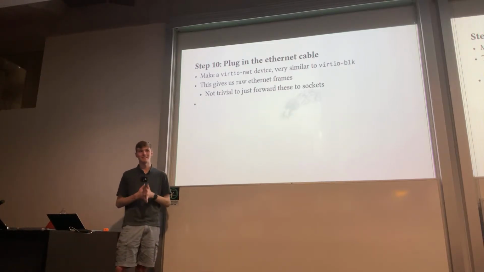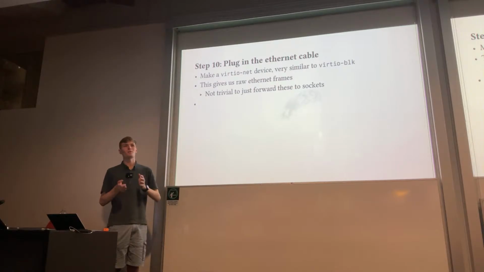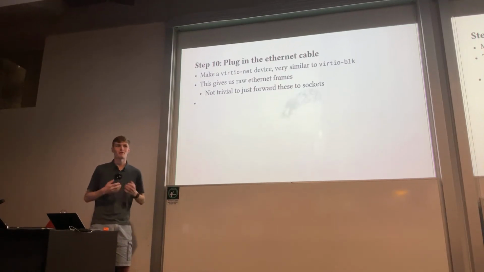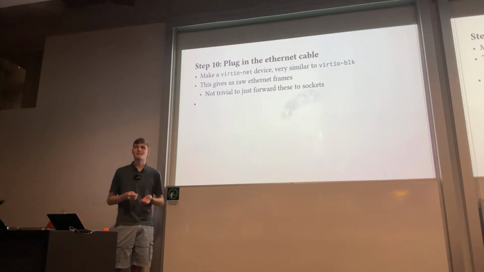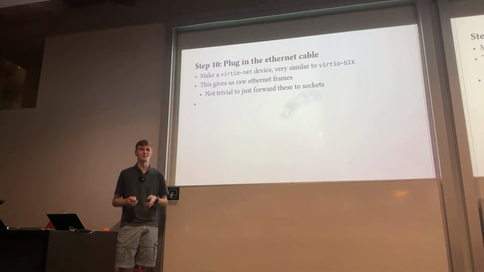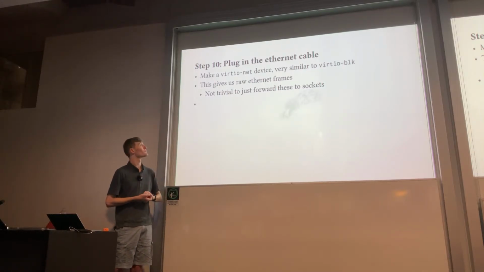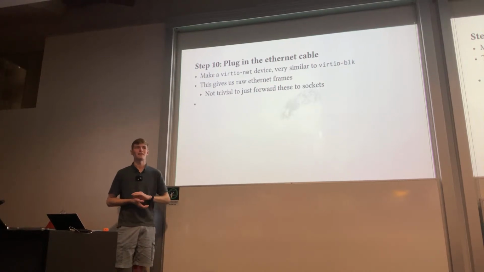The issue with this is that all of our networking primitives in programming languages are designed to deal with TCP and UDP and ICMP at a high level and not just raw Ethernet frames. So we'd have to write a parser for that and a parser for IP, and that is also a whole project in and of itself.